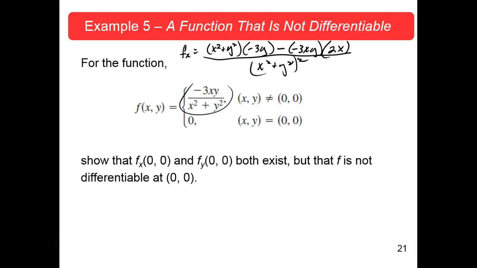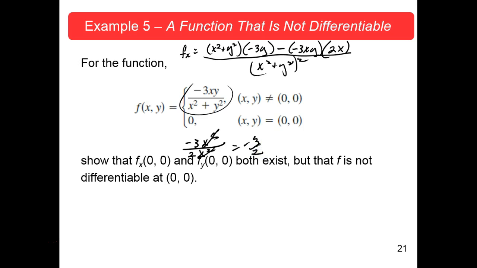The other case is y approaches x. If y is equal to x, so you're approaching along that line, this would be minus 3x squared over 2x squared, right? And the x squareds cancel out, you get minus 3 halves, okay?